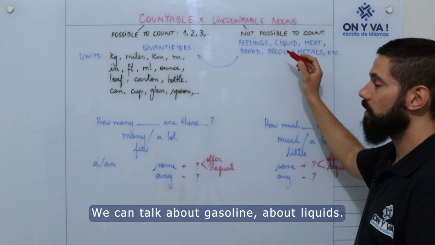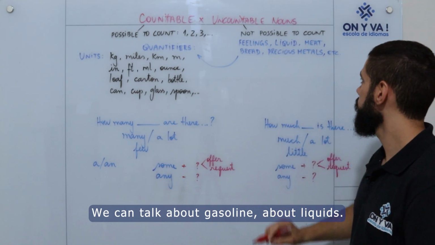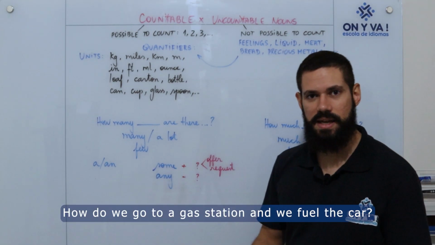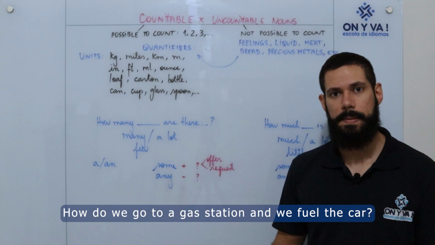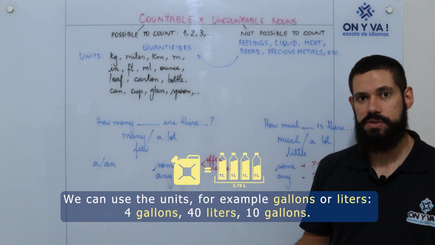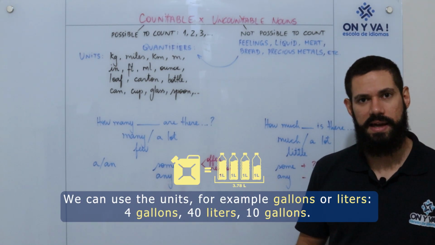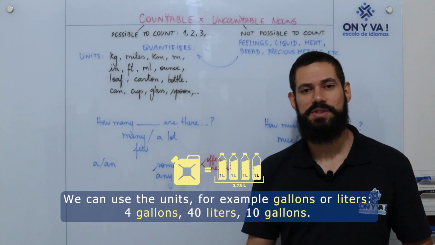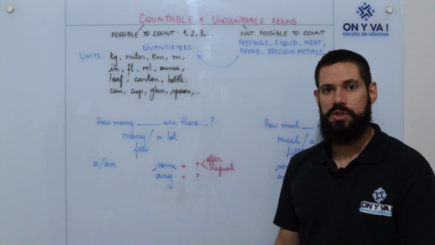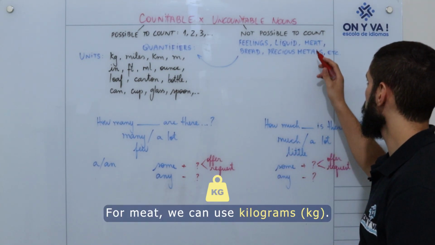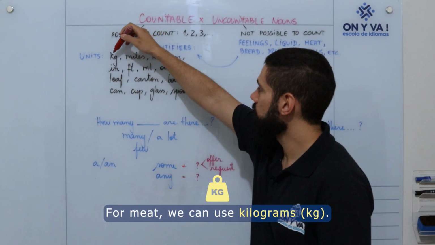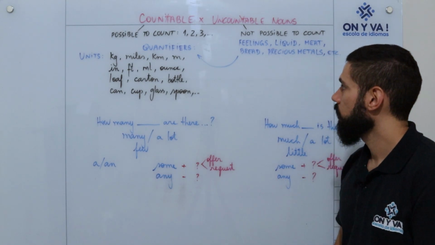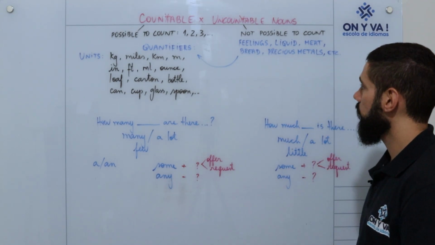Talking about gasoline, about liquids, how we go to a gas station and fuel the car, we can use units like gallons: 40 gallons, 40 liters, 10 gallons. For meat, we can use kilograms. Okay, what else can we use?